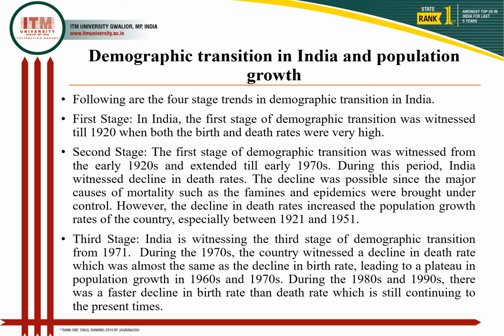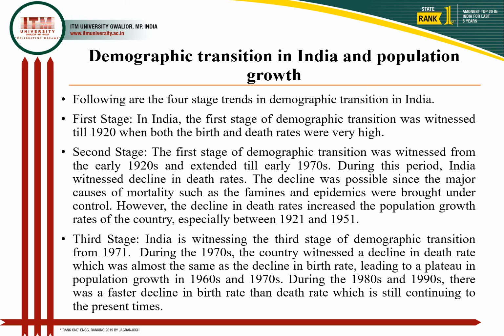This stage corresponds to a decline in death rate, and at the same time a decline in birth rate also. This resulted in a plateau-like situation in the 1960s to 1970s, because both were running side by side in a parallel fashion, so there was a constant situation.